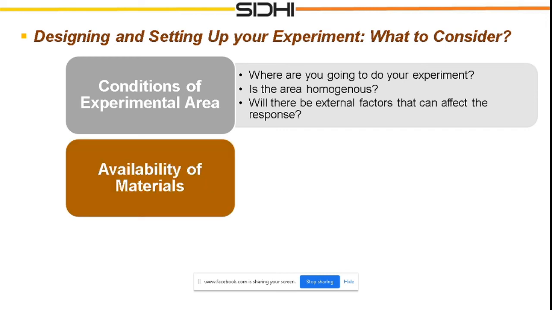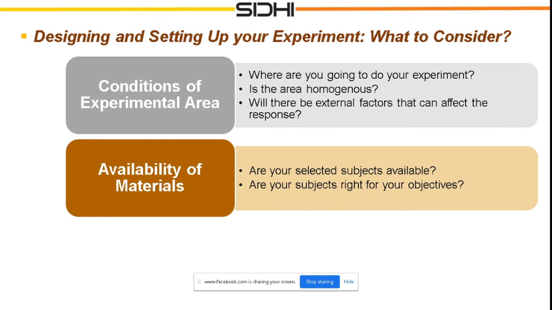Okay? Next is the availability of materials. For example, you wanted to test your treatments on a certain type of plant, a certain expensive type of plant. So, ibig sabihin, konti lang ang magiging source mo. So, are your selected subjects available?